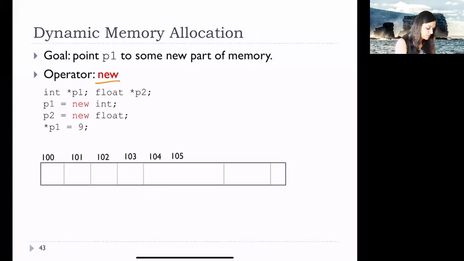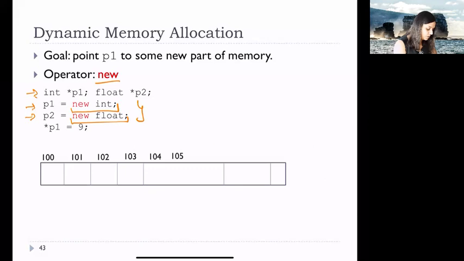You would declare a pointer, int pointer, and then say p1 is equal to new int, p2 is equal to new float. These two commands guarantee to give you locations for P1 and P2 in your memory stack such that those locations were not used before.